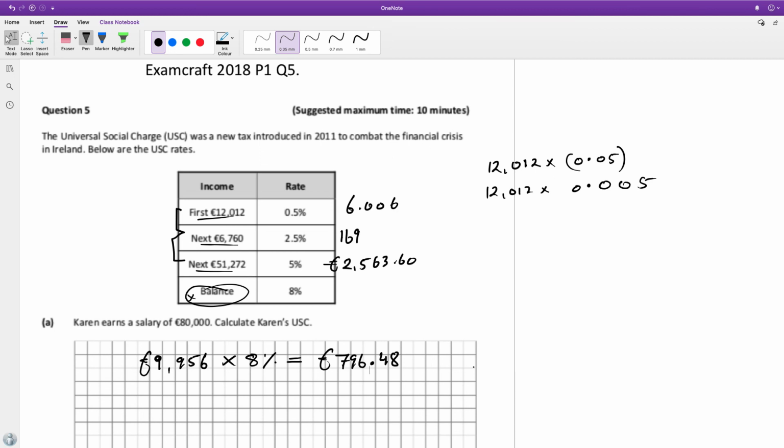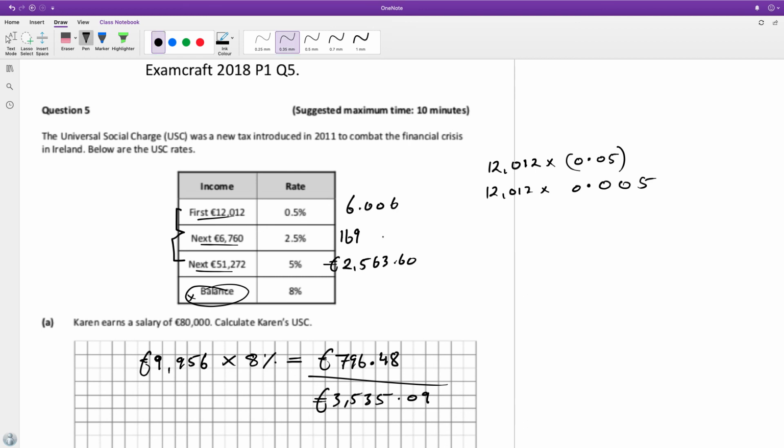You get €796.48. So add them all up then. €3,535.09.